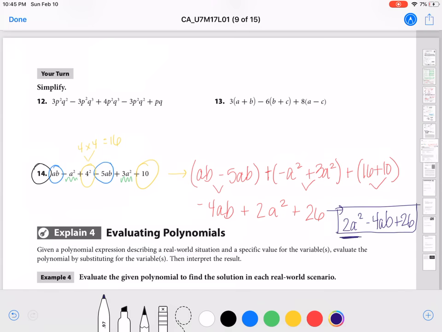Well, a comes before b. So I know that we talked about our exponents being descending, you know, going from highest to lowest, but we also go alphabetical as well. And so if we have A and then we have AB, well, A is the beginning of the alphabet, and then we move into any term with B in it. Okay?